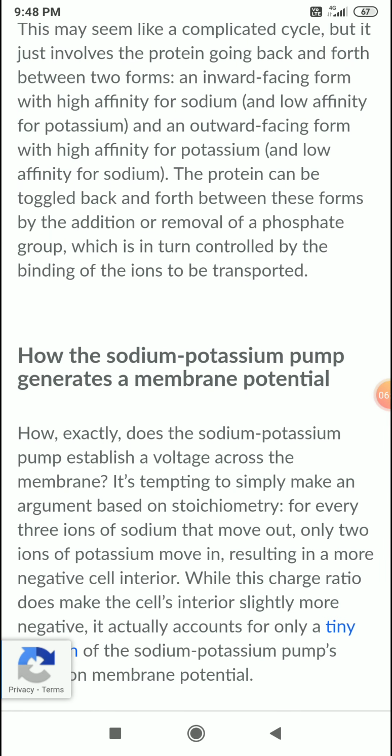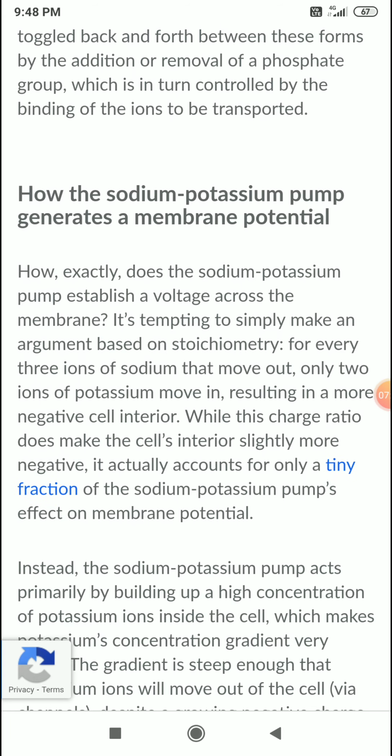Now we see how the sodium potassium pump generates a membrane potential. The sodium potassium pump establishes a voltage across the membrane. It's tempting to simply make an argument based on stoichiometry.